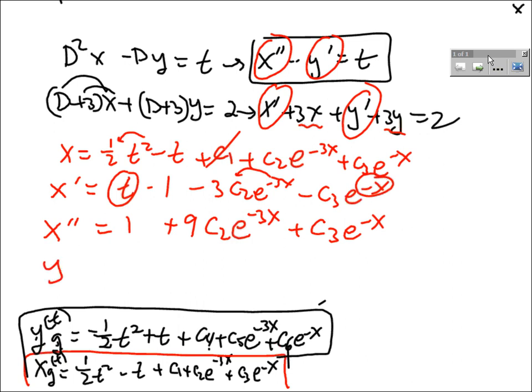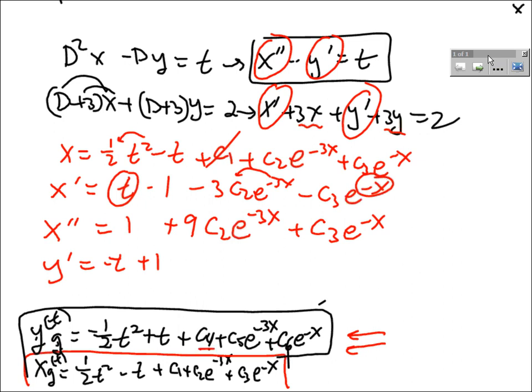And what is y prime? Well, that's y. So y prime is going to be negative t plus 1. That looks like a negative t. Negative t plus 1.